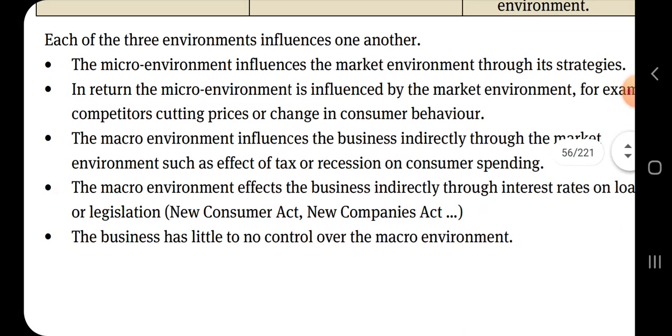So the micro environment influences the market environment through its strategies. When we are trying to get more customers, the market environment will be affected because we are going to be advertising, and the customers will be able to know about our products and stuff like that. So whatever decision is made in the macro will affect the micro, right?